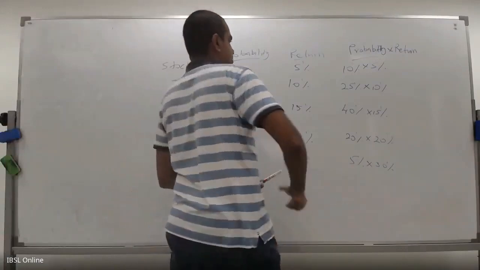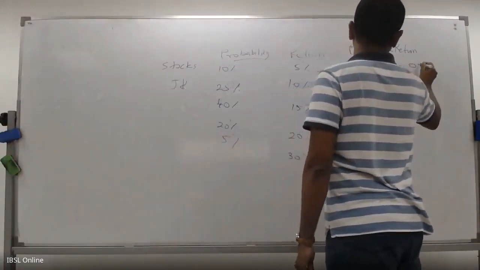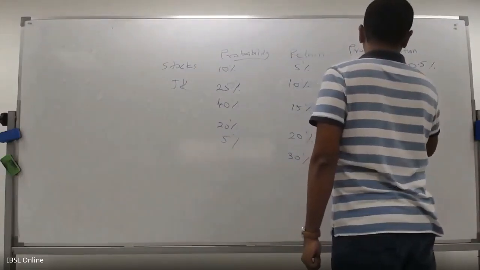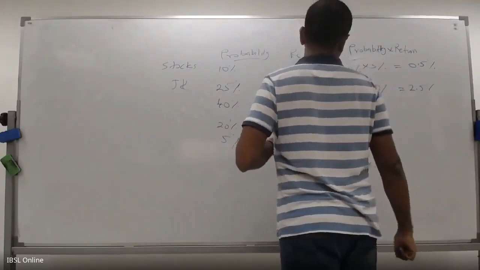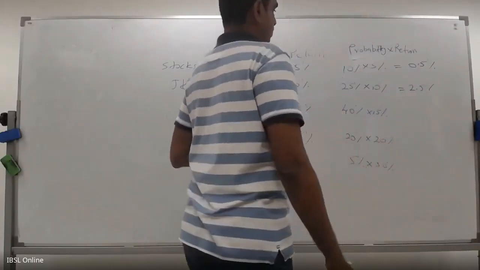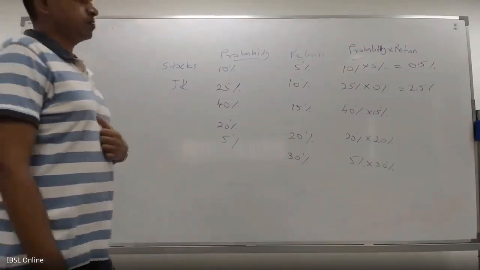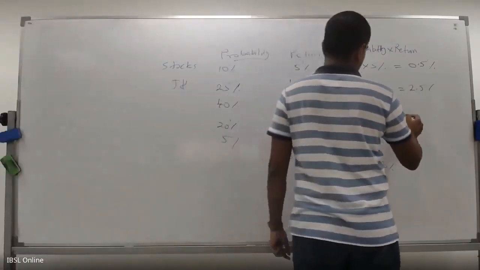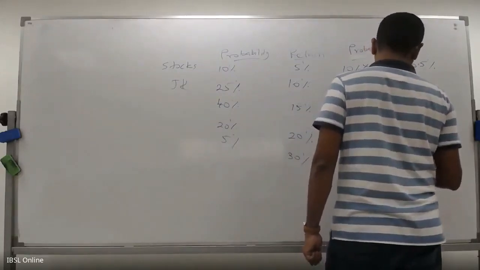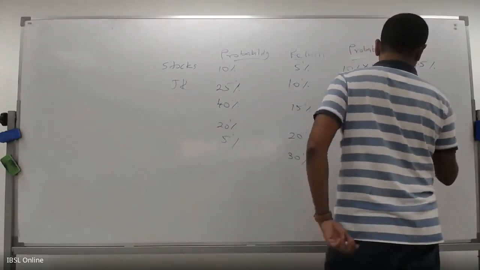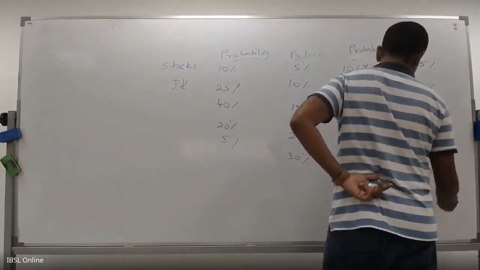Then you will get 0.5%, 2.5%, 6%, 4%, and 1.5%.